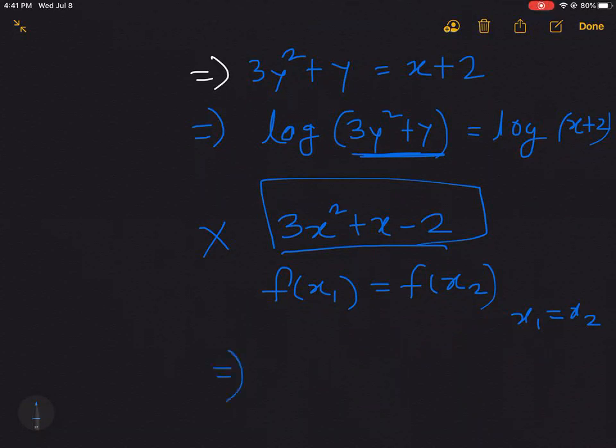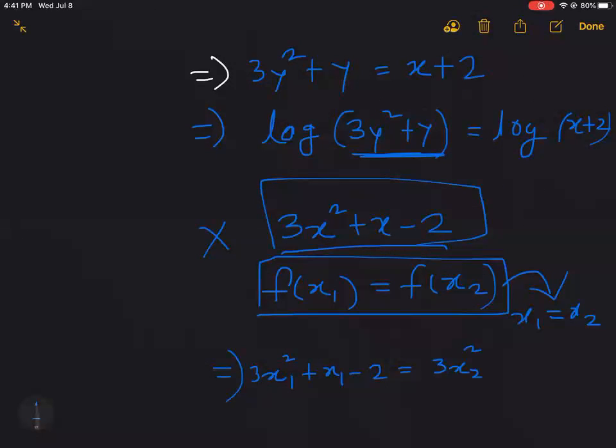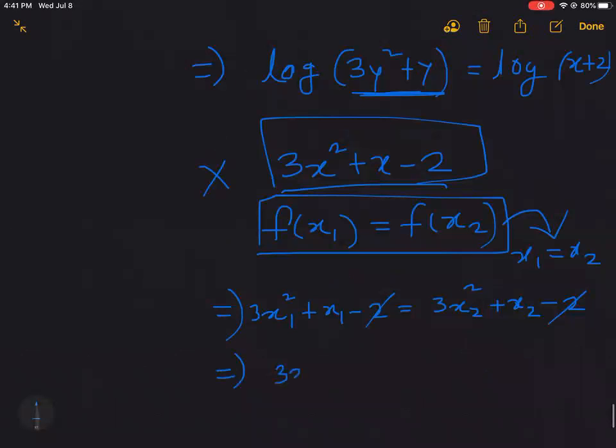So let's see. 3x squared plus x minus 2. Again, that's another concept you have seen, right? So that's the way to check one-to-one correspondence. So 3x2 squared plus x2 minus 2. So the 2 and 2 can get cancelled. So 3x1 squared plus x1 equals 3x2 squared plus x2.